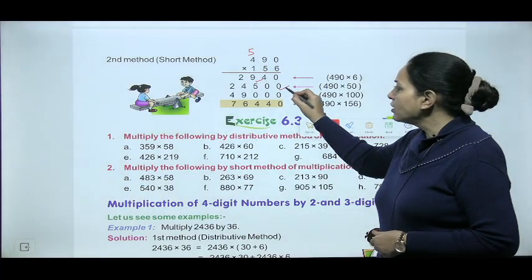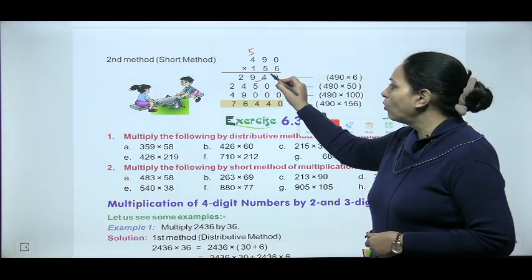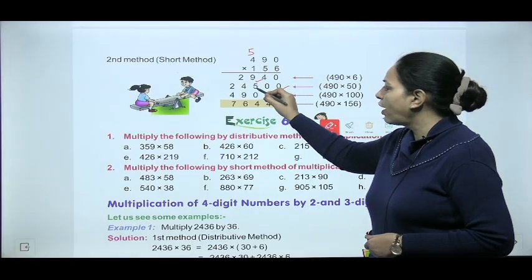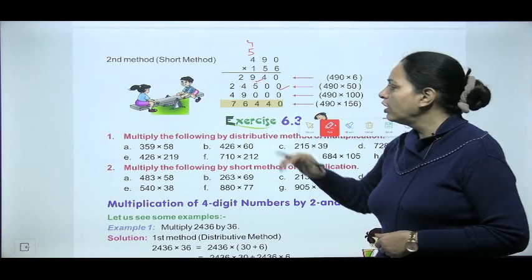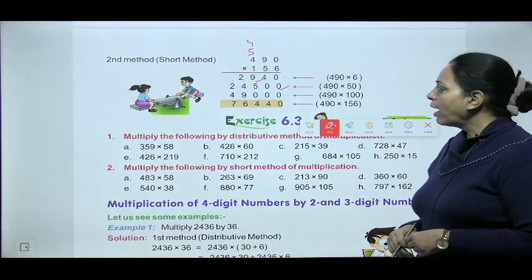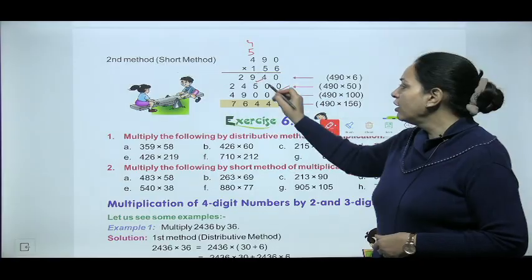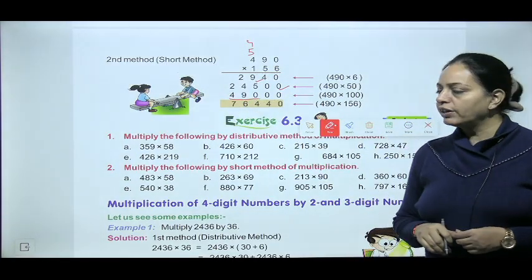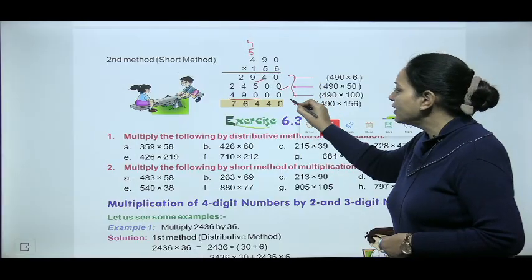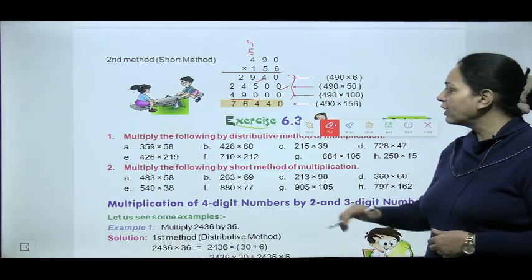So write 1 0 here, then 5 zeros are 0, 5 nines are 45, 5 here and 4 carry, 5 fours are 20 plus 4, 24. Now multiply by the 100s digit, 1 here, 2 0s. Multiplying by 1, you will get the same thing, 490. Now add these 3 rows.